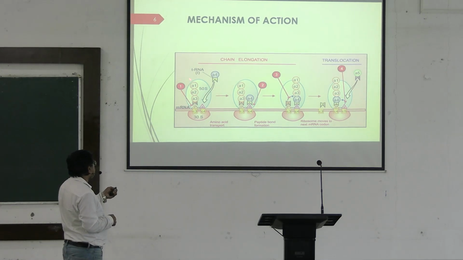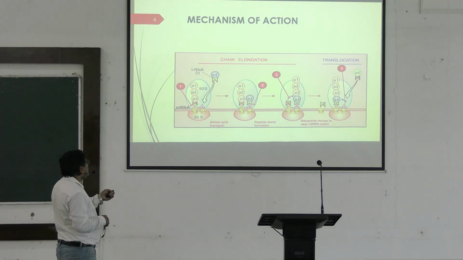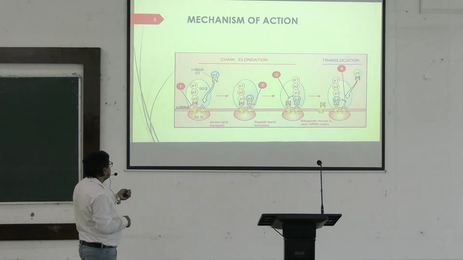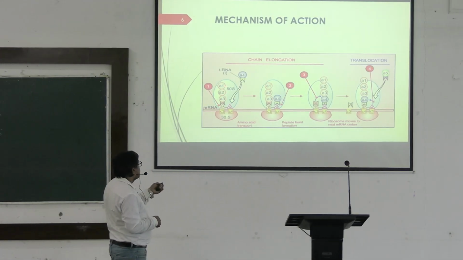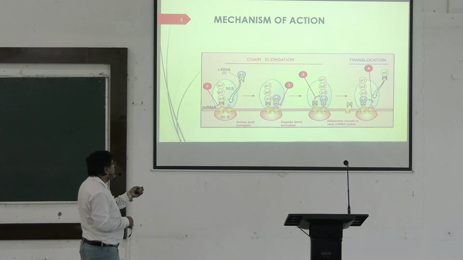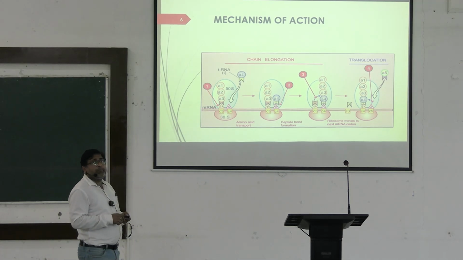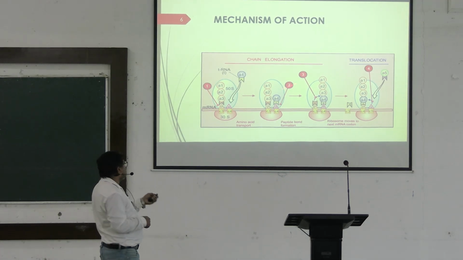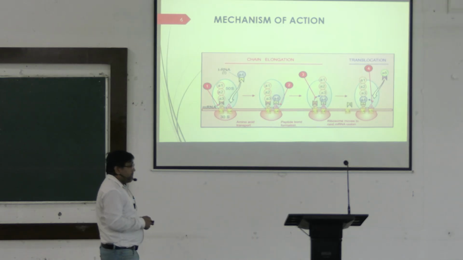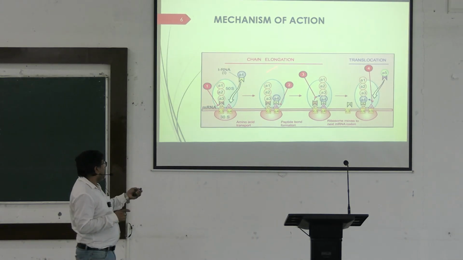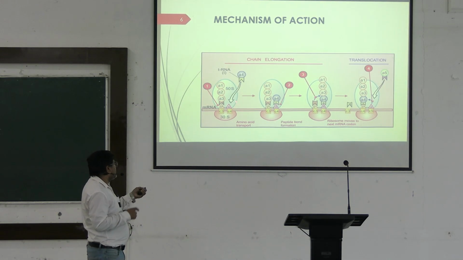Now, what happens? This is a peptide chain, and in the mRNA ribosomal complex, there is a P site called the peptidyl site, and there is a site called the acceptor site.